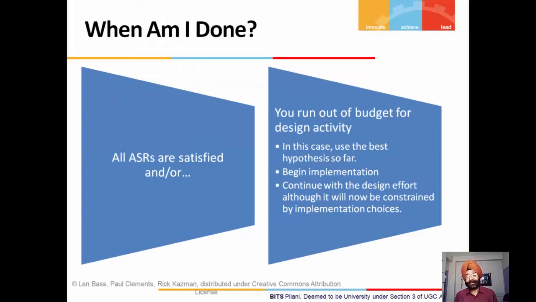We close the job. Either all the ASRs are satisfied, very good. We had architecturally significant requirements, measurable responses. We have satisfied them. We get done with it. Otherwise, if the budget is over, we simply take the best that's available, let the client know that, well, this is the best available so far, increase the budget, we continue our study, otherwise we accept it and we begin implementation.